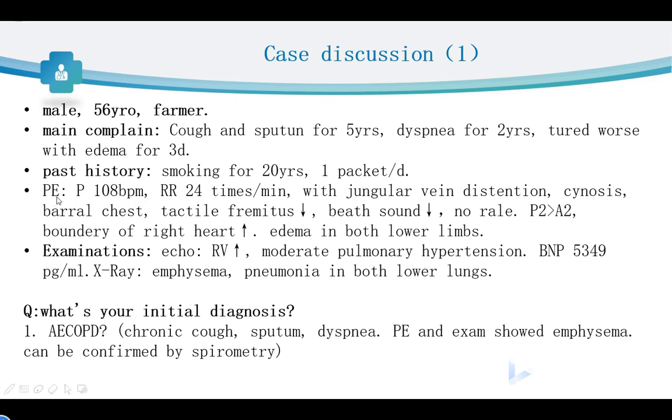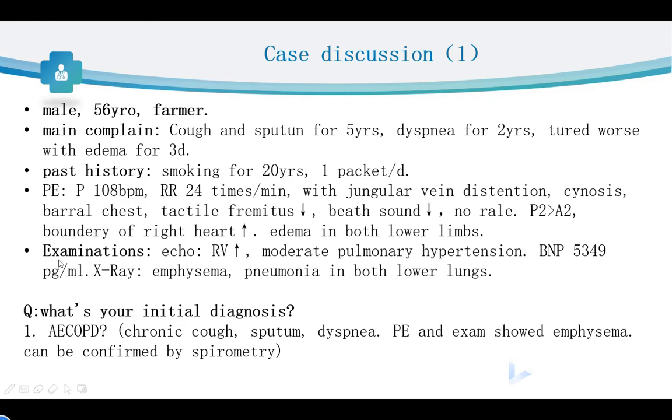And during the physical examination, we can find the barrel chest, vocal parameters decreasing, decreased breath sound. All of these will show the suspicion of COPD.